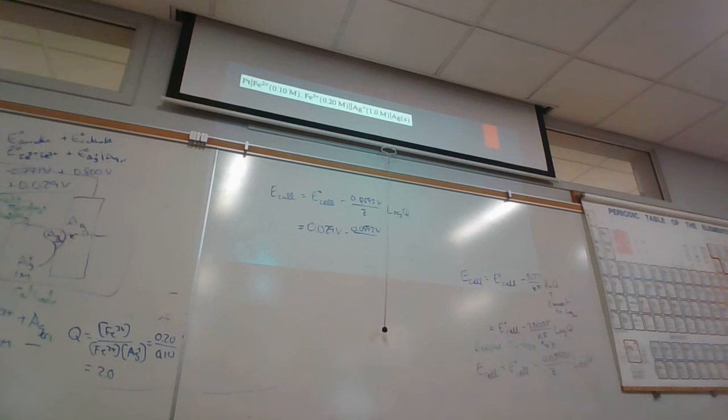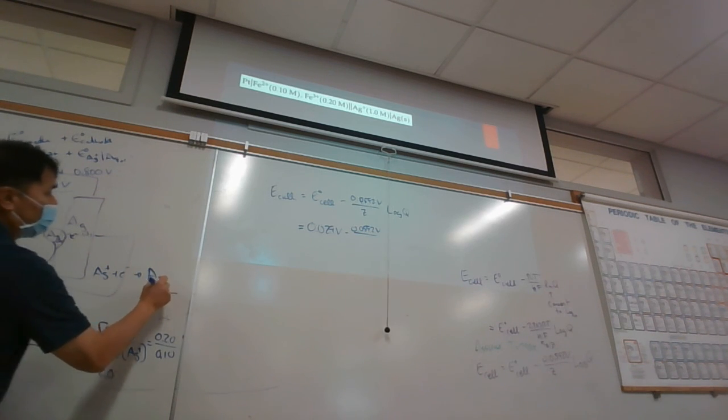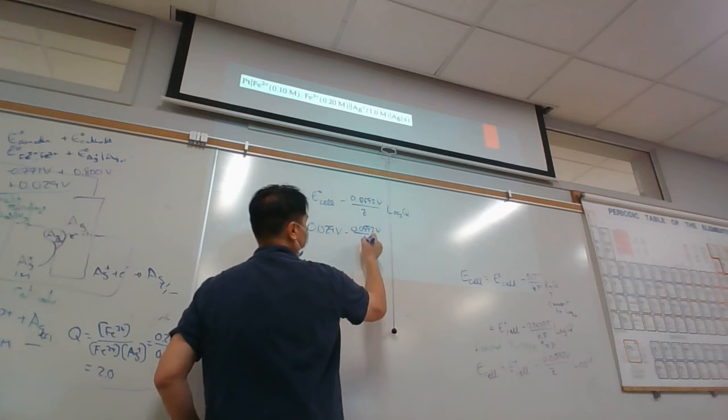How many electrons are transferred here? Just one. Iron 2 goes to iron 3 plus an electron, and then silver ion picks up that electron to go to silver. So Z is 1.